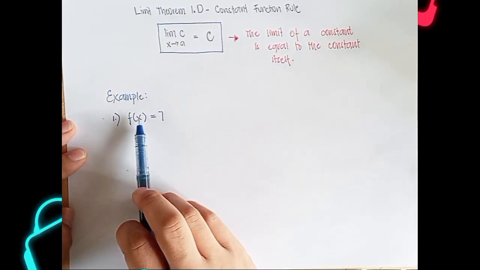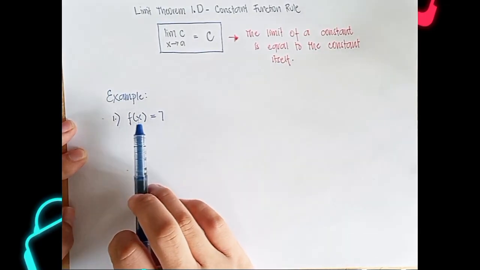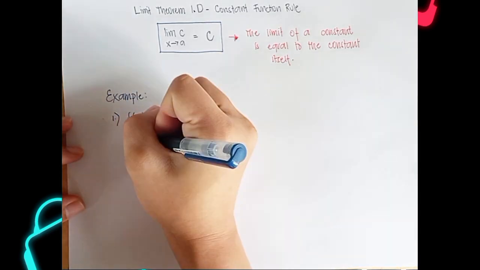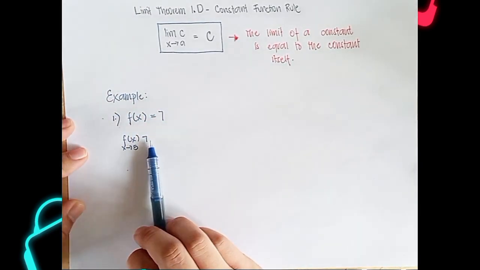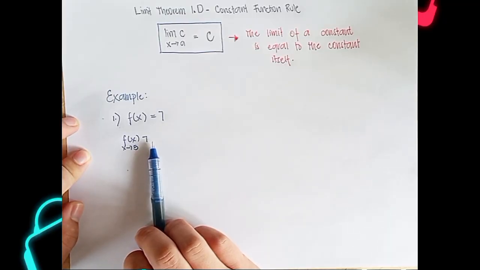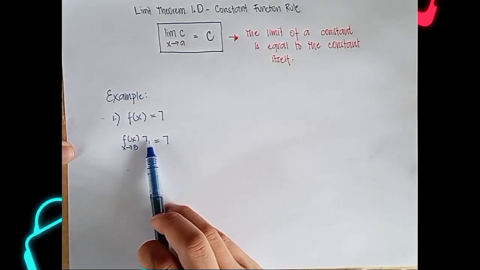Given this example, f of x is equal to 7. So what does the constant function theorem say? If f of x is equal to c, where c is a constant, then for any value of a, the limit of the function as x approaches a is equal to the constant.